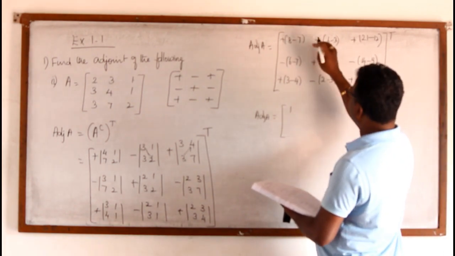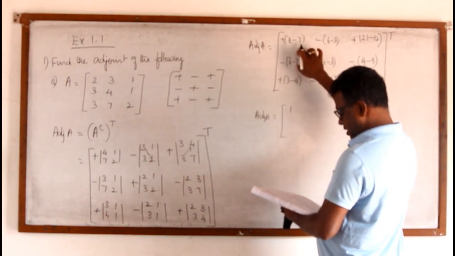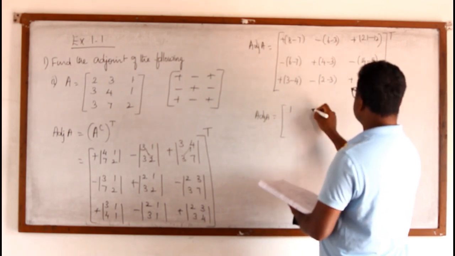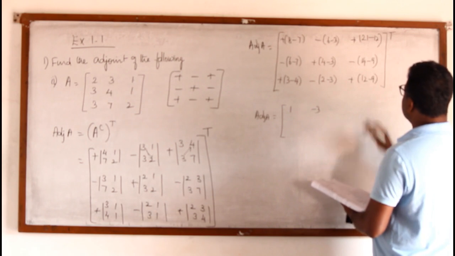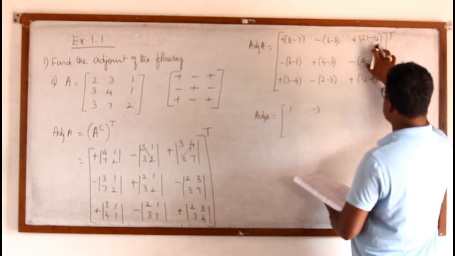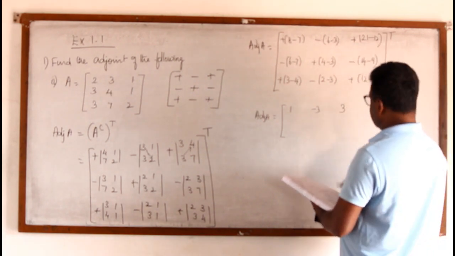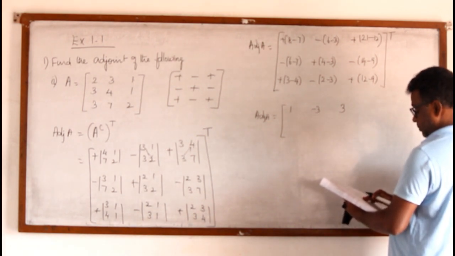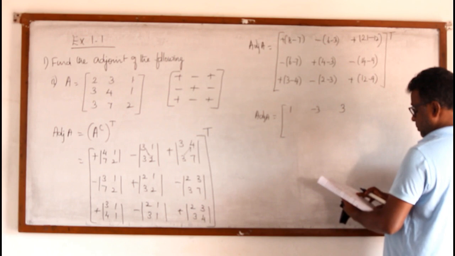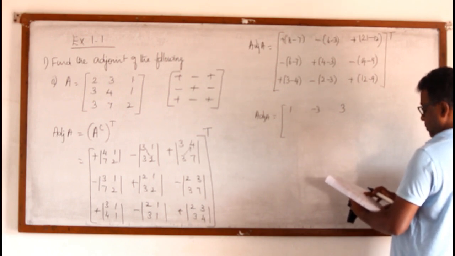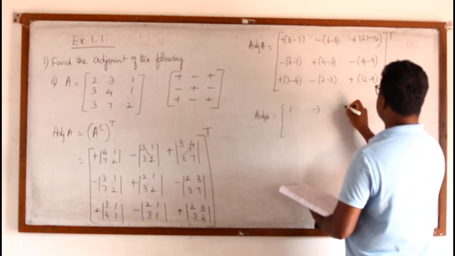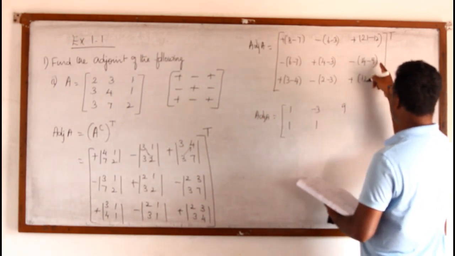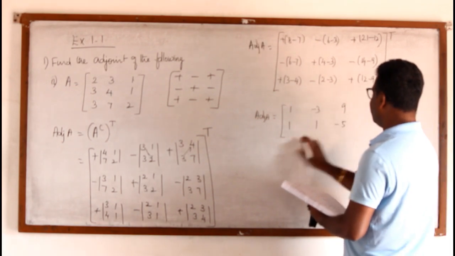Then it is 6 minus 3, minus 3 because of the minus sign. 21 minus 12 is 9, sorry. 6 minus 7 is minus 1, so plus 1. 4 minus 3 is 1. 14 minus 9, 5, so minus 5.